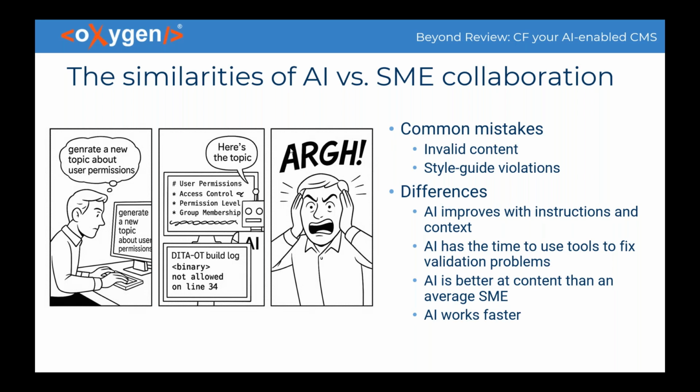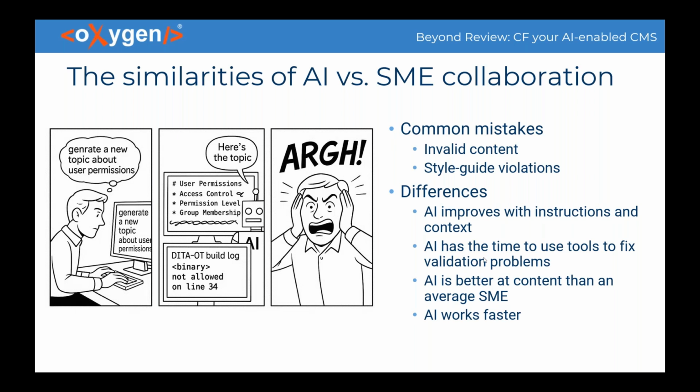AI has a lot of attention span to spend on reading instructions and context. SMEs are very busy usually, and they tend to just write something, and they don't have the time to read the entire style guide just to write another sentence in the documentation.